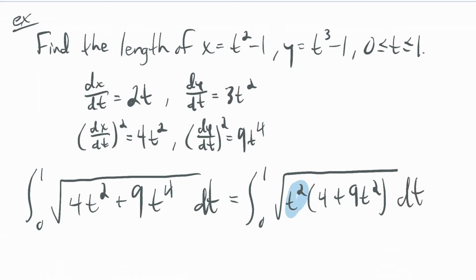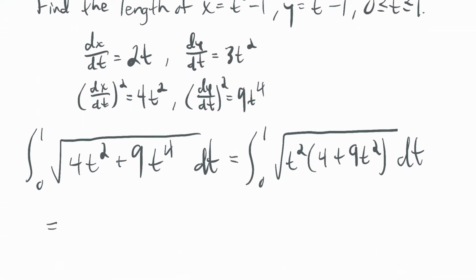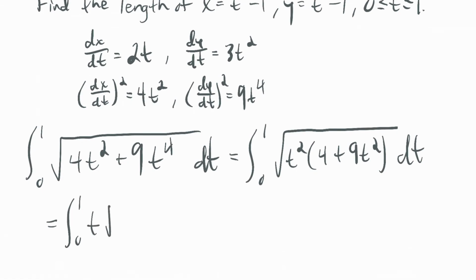Now, this t squared can come outside, and I don't need an absolute value because everything is non-negative anyway. So this will be the integral from 0 to 1 of t times the square root of 4 plus 9t squared dt.